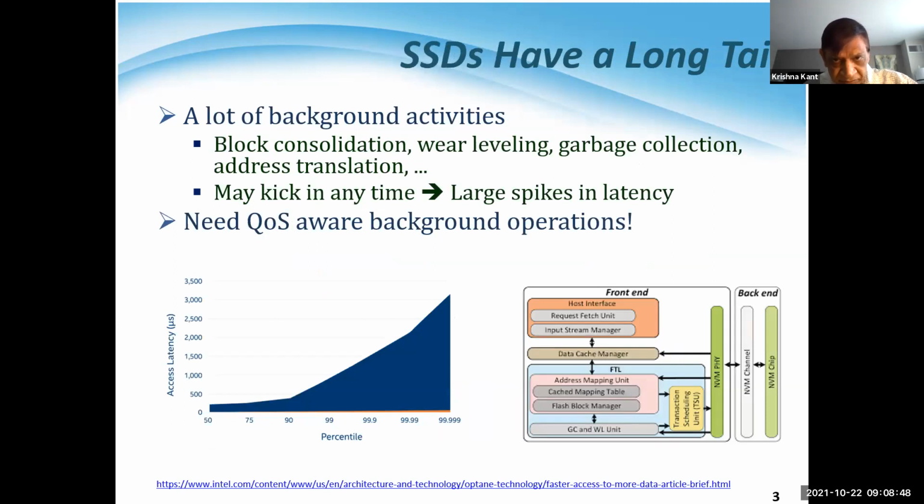All right, so I guess the first thing to note here is that, as you are all familiar, SSDs hide a lot of stuff inside. They are not at all like hard disks. They have a lot of issues that they need to tackle, particularly garbage collection. As a result, there are a lot of background activities that every once in a while the SSD has to carry out.